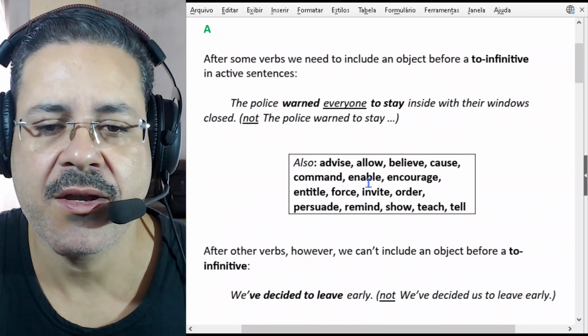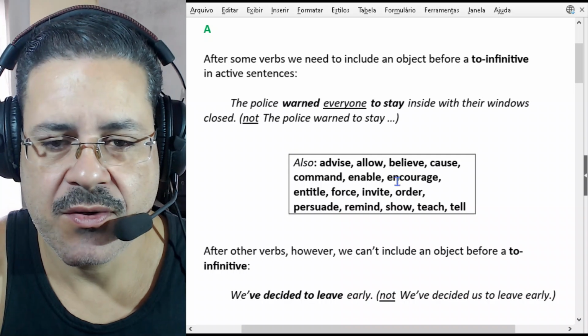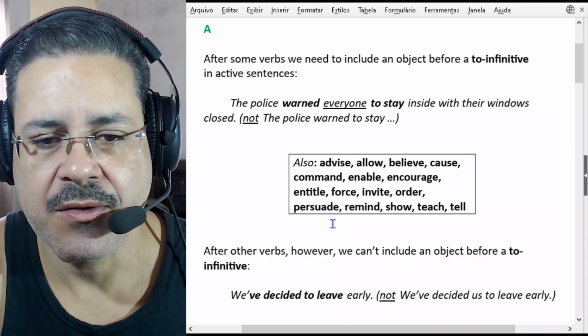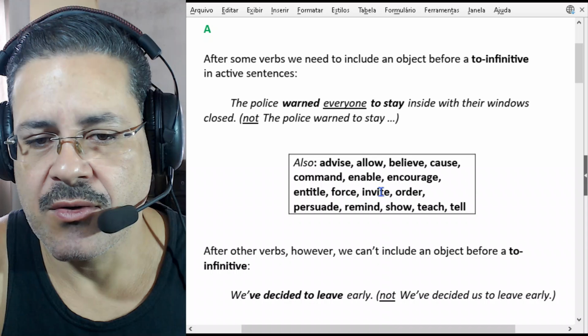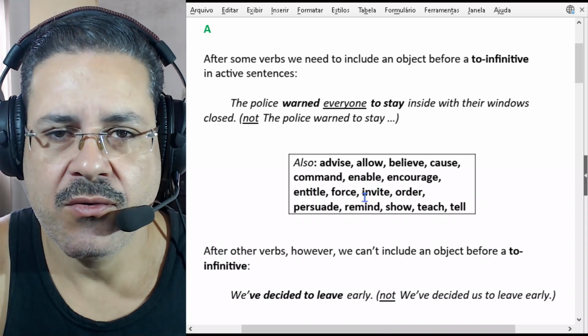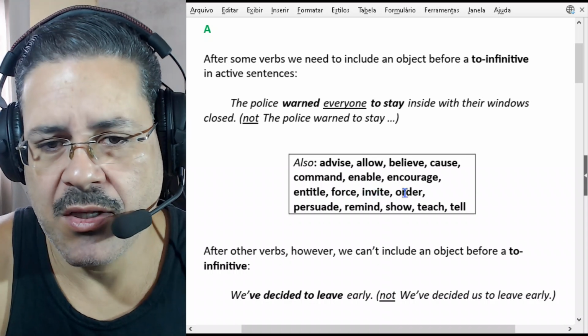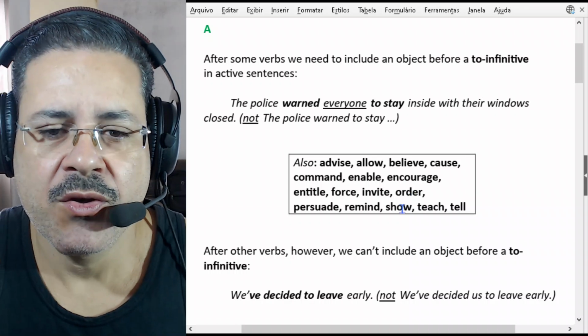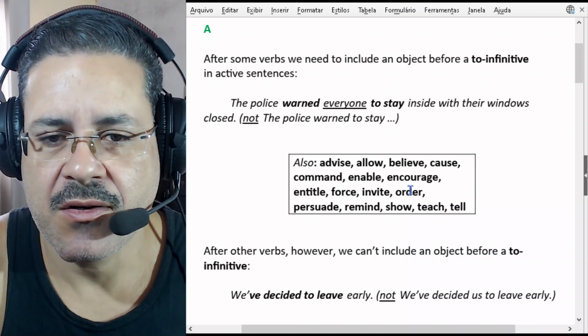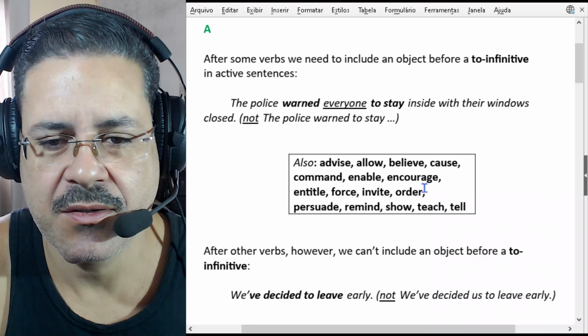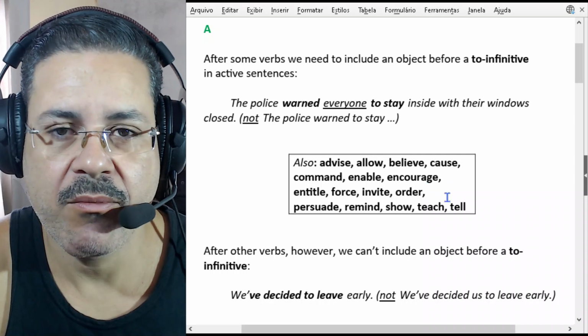I'm just going to read those verbs to improve your pronunciation, but I'd like to advise that when you are interested in learning those verbs, you should put all of them inside a context, inside a sentence, so that it gets easier to remember them.